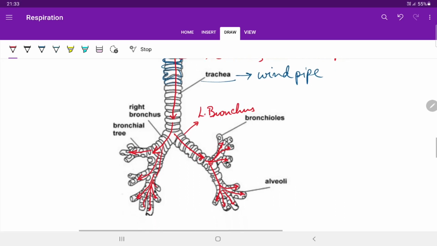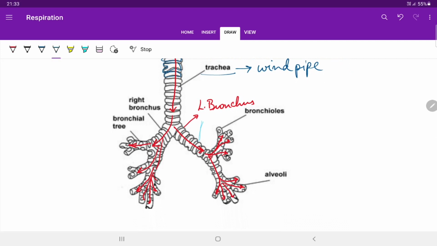The bronchi further enter into the lungs. In the lungs, they further divide into many sub branches, called bronchioles. Bronchioles are also covered by the cartilaginous rings. So, cartilaginous rings are present throughout the windpipe.